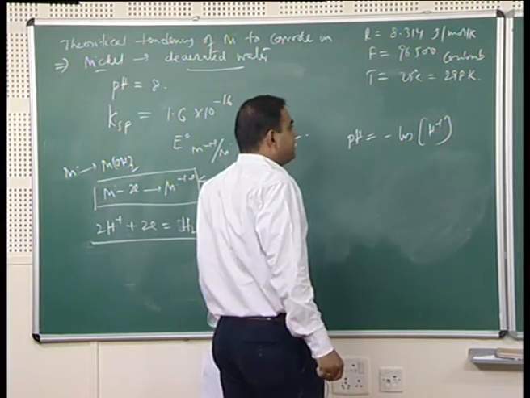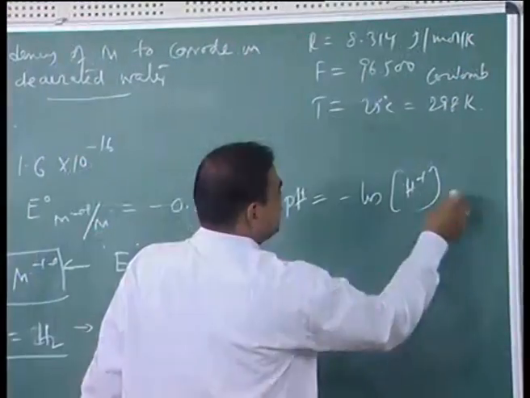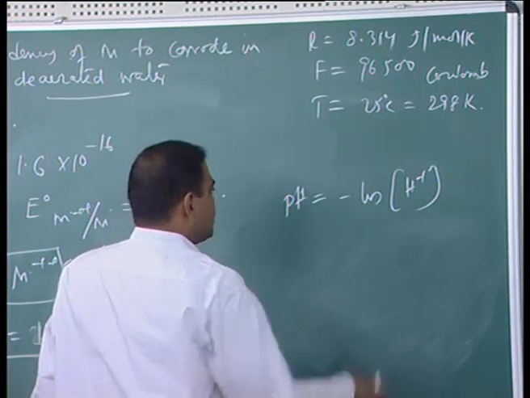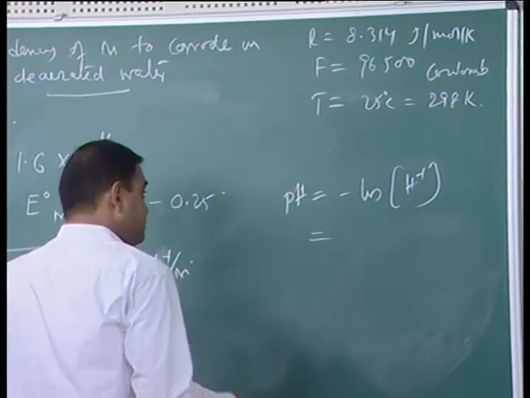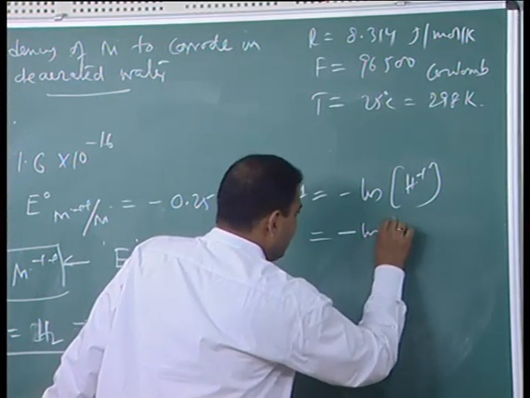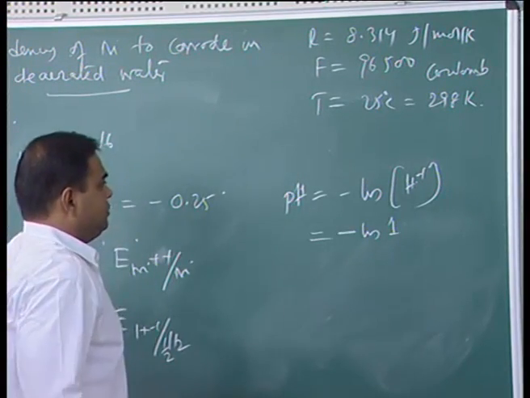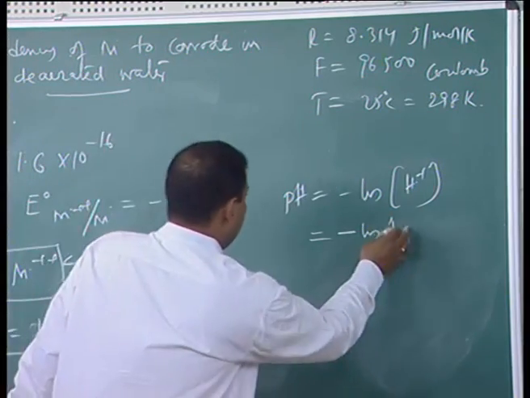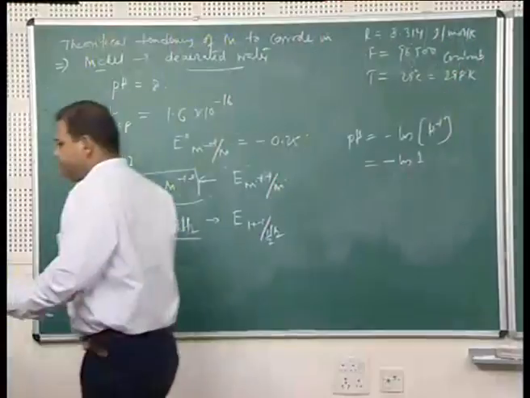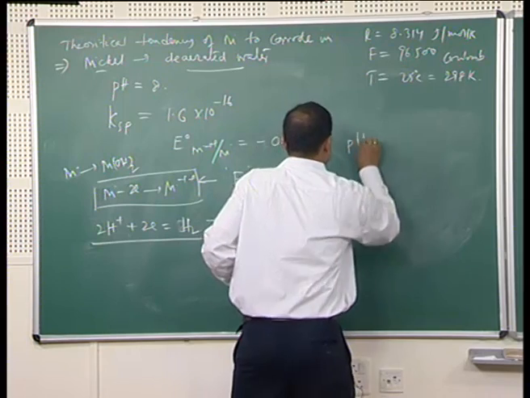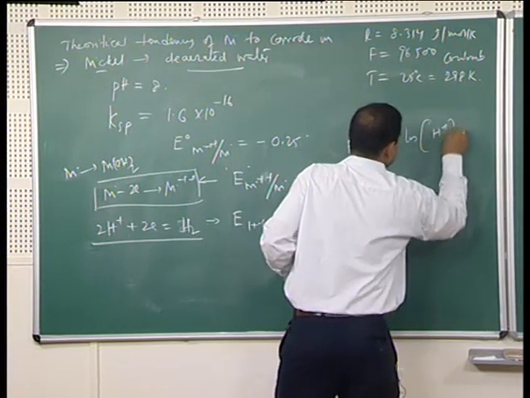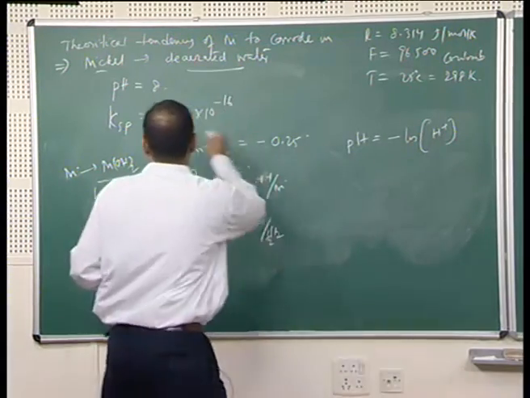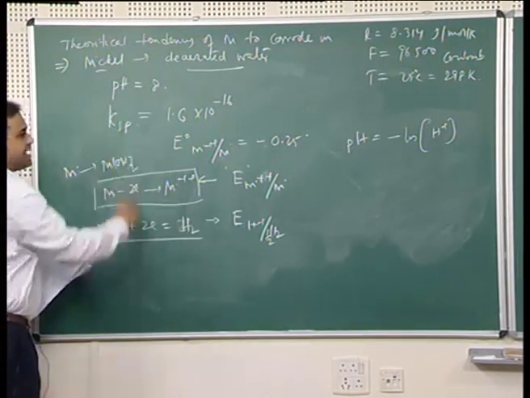If we consider a very dilute solution, then this is equivalent to activity. So when this becomes 1, you can see that log of 1 is zero, so pH is defined as minus log of the concentration of H plus. Now here we have considered pH to be 8.